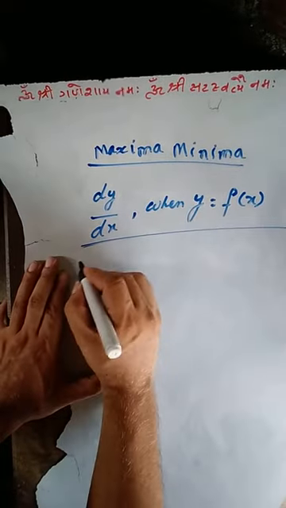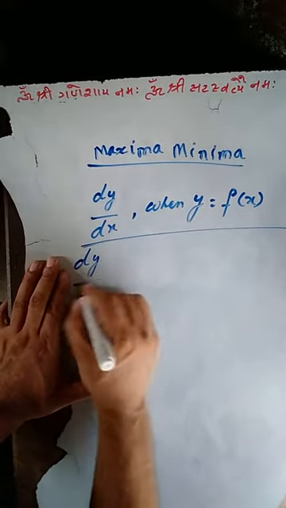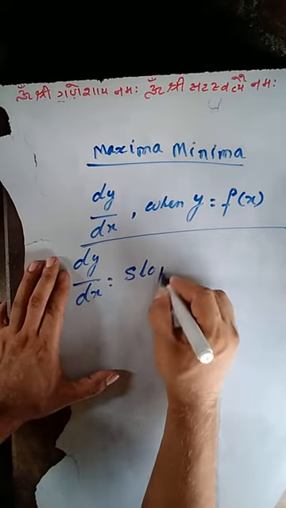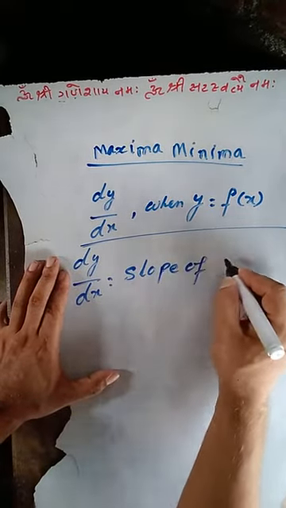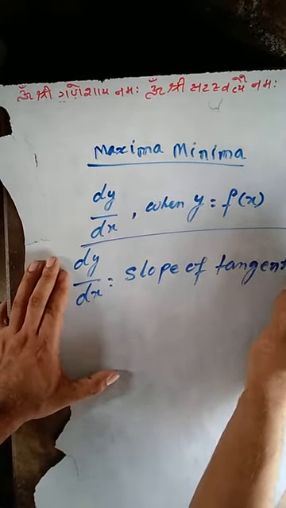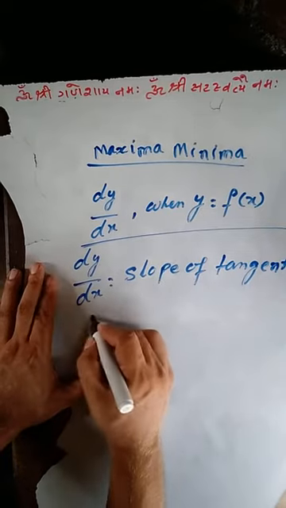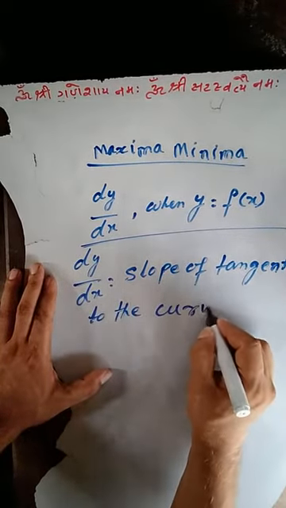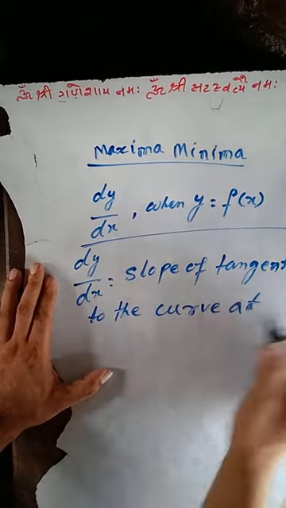Its meaning is that it is the slope of the tangent to the curve at a point.